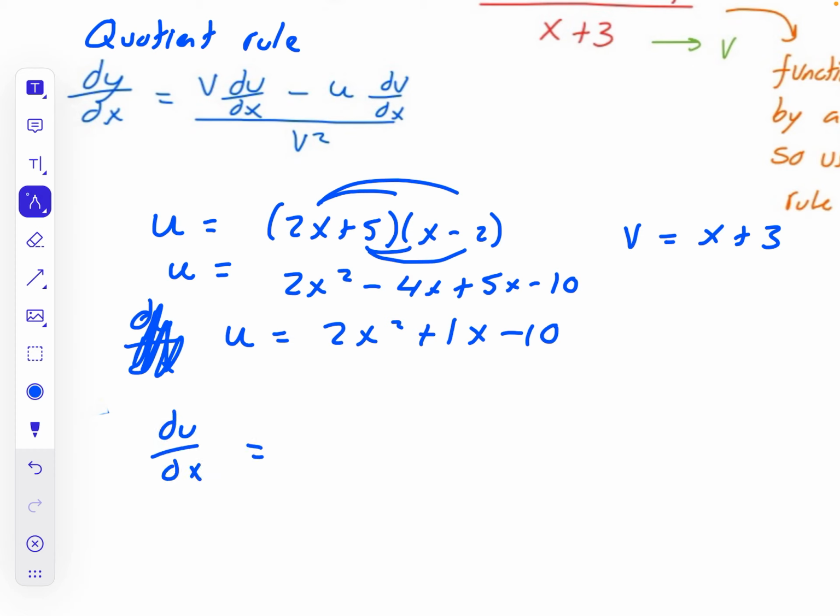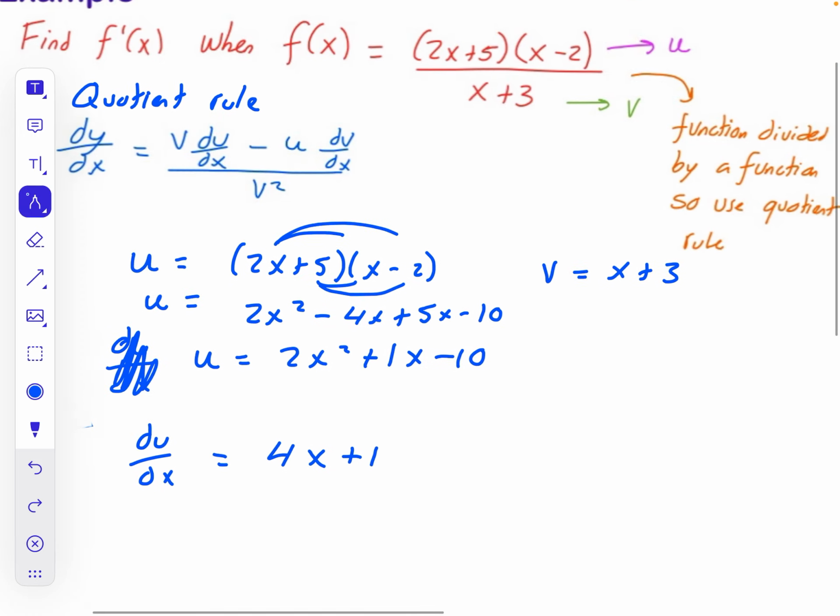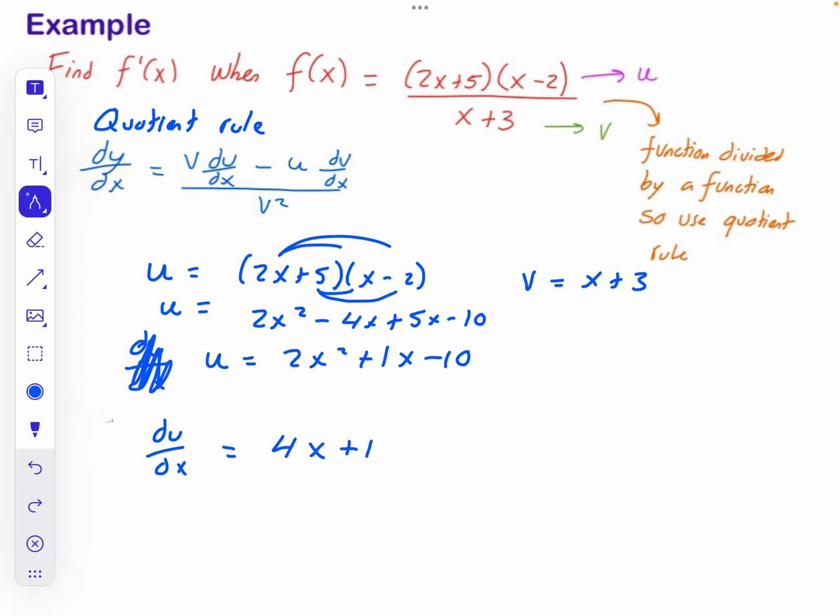All I've done is multiply it out, because now when I want to find du dx, I can just differentiate this as a straightforward polynomial. So it'll be 4x plus 1. Now, there is absolutely nothing wrong with using the product rule to differentiate that.